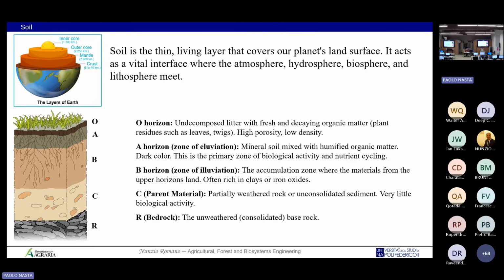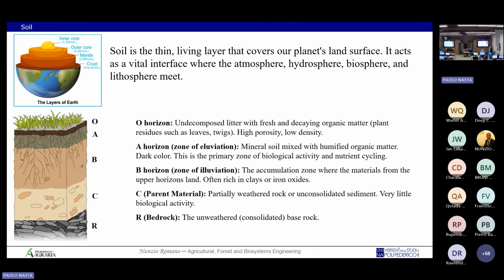So basically, if we look at the planet Earth, we see that the layers are very thick. If we start from the inner core up to the mantle, they are very thick layers, and from a geological point of view this is very important.